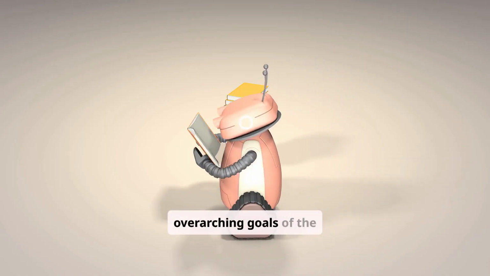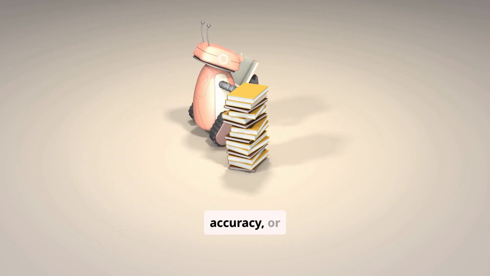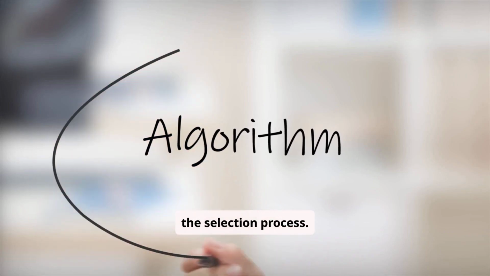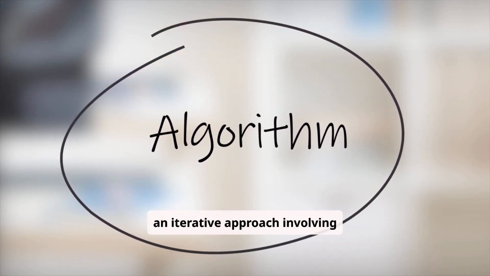Furthermore, the overarching goals of the analysis, whether prioritizing interpretability, predictive accuracy, or computational speed, must guide the selection process. Often, a combination of techniques or an iterative approach involving different methods yields the best results. Experimentation and cross-validation are essential for validating the chosen feature set.